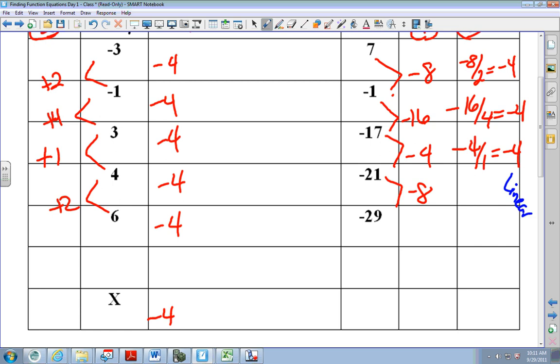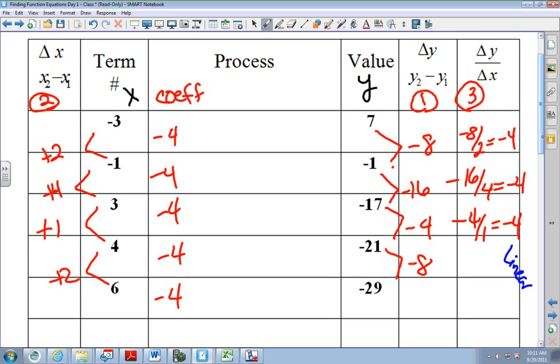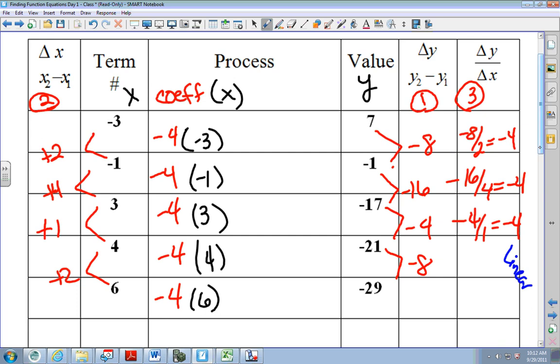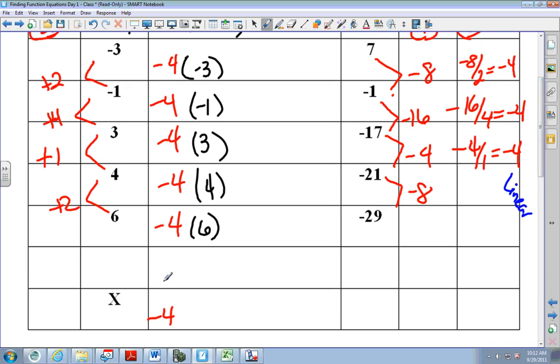It makes a line. Okay, so now after the coefficient comes the x. So I'm going to put negative 3, negative 1, 3, 4, and 6. And if I come down here a little bit more, I'm going to put x.